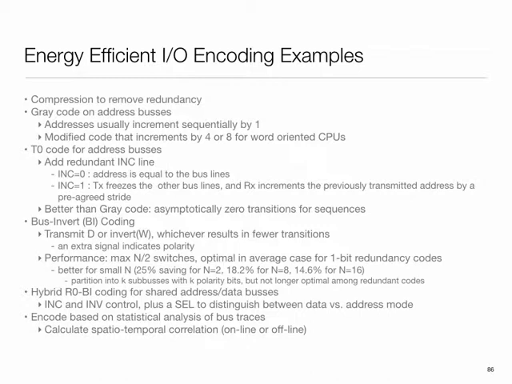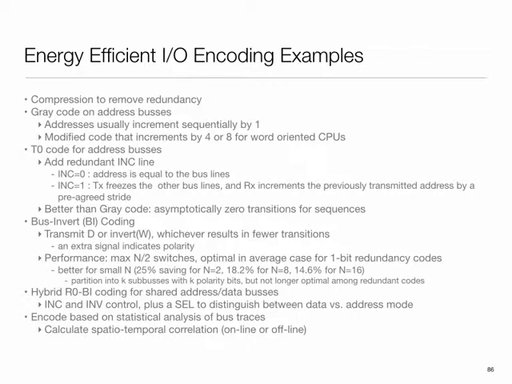In this case, the recipient internally increases the address by some pre-agreed stride. If I were reading an array of integers, it will just keep increasing the address by 4 every time. So I'm not sending a new address. All I'm doing is increment equal to 1, and I'm saving a lot of bit transitions.